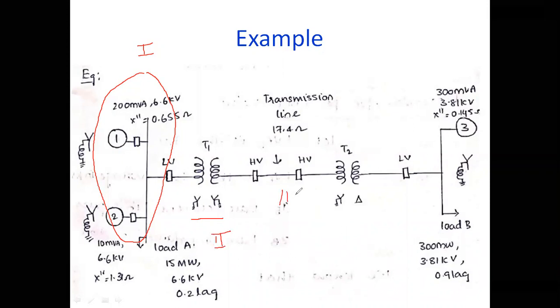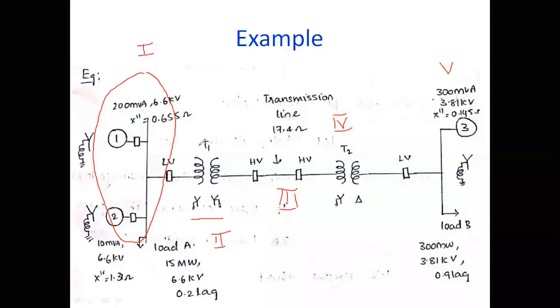This is section 3. Section 4. This is section 5. So for your understanding, I have divided the total single line diagram into 5 sections. Section 1 contains the generators.